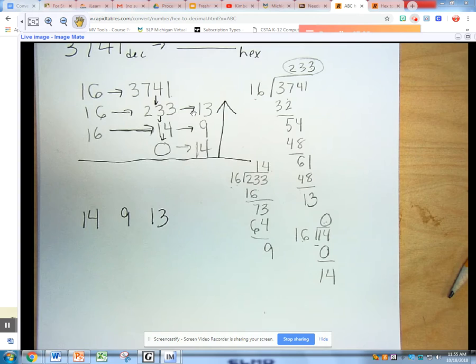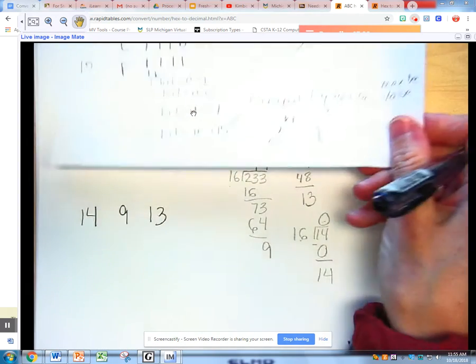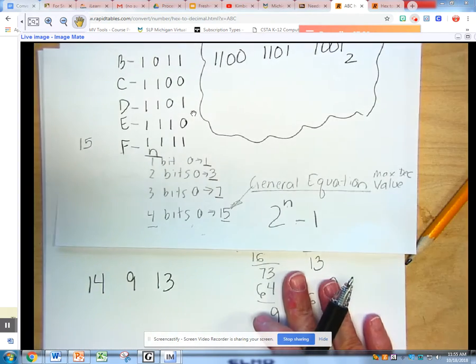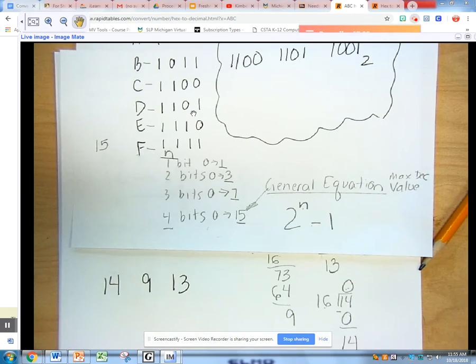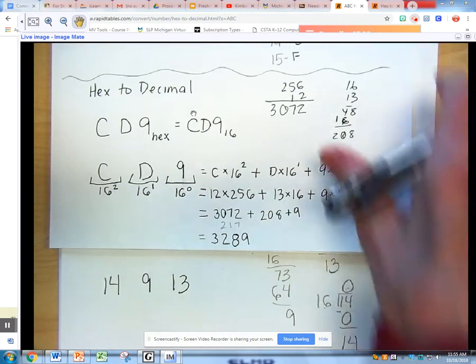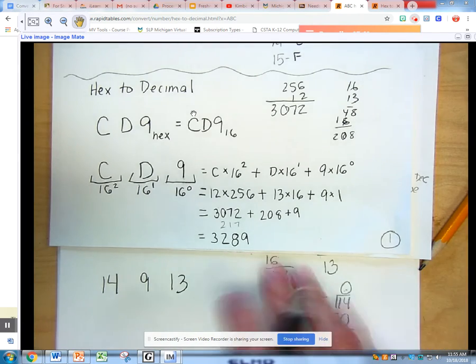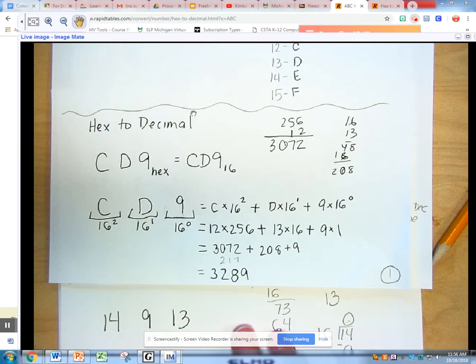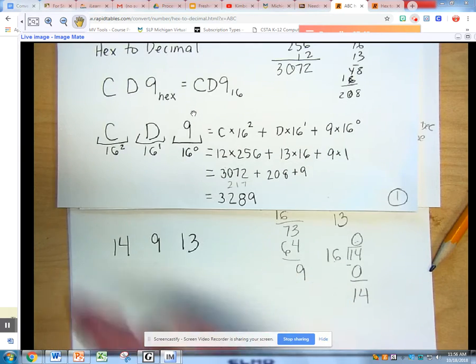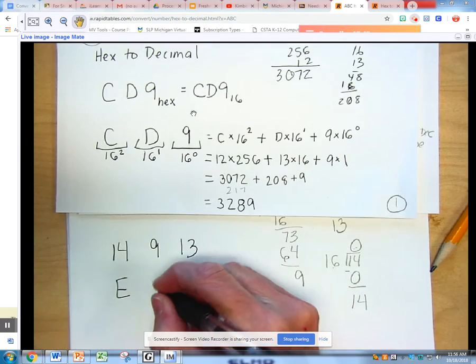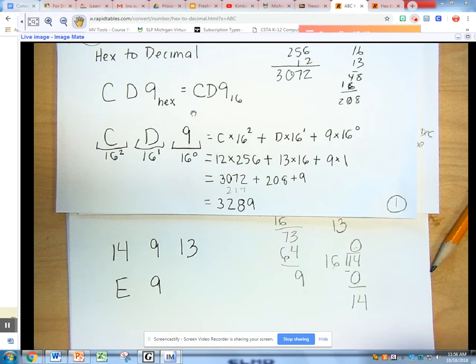But now I need to figure out what those are in hex. So pulling out your little worksheet, maybe the other one would be better. 14 is what letter? What is 14? E. And then 9 is just 9. And what is 13?